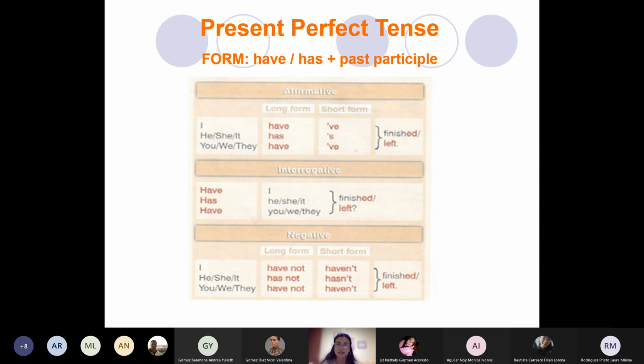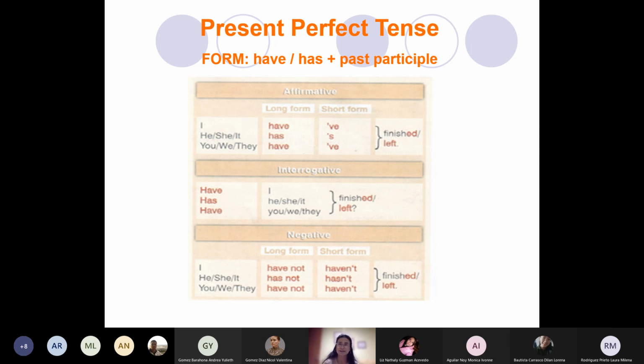My father, my teacher, my partners, my family, okay? So start with have or has. Has if the subject is singular, and have if the subject is plural. And after have and the subject, you continue with a verb in past participle. The verb in past participle, remember, is the third column of the verb.